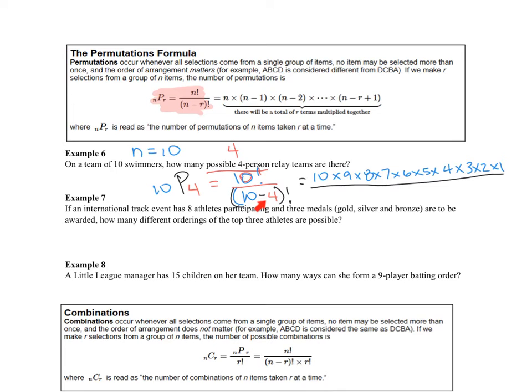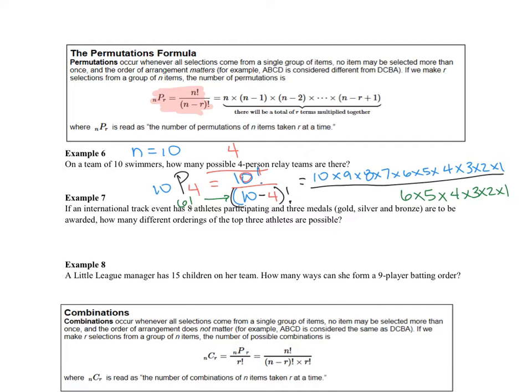So you want to take 10 minus 4. That leaves you with 6 factorial ways to move those 4 things around. And so at the bottom of this, 10 minus 4 is just 6 factorial. So this is 6 times 5 times 4 times 3 times 2 times 1. And again, this right here is just 6 factorial.